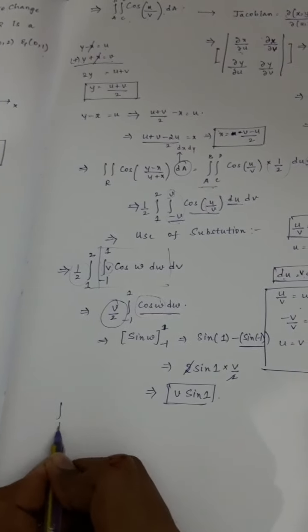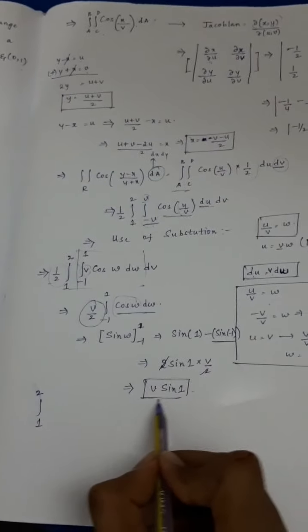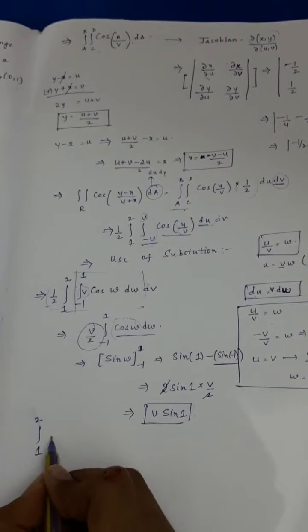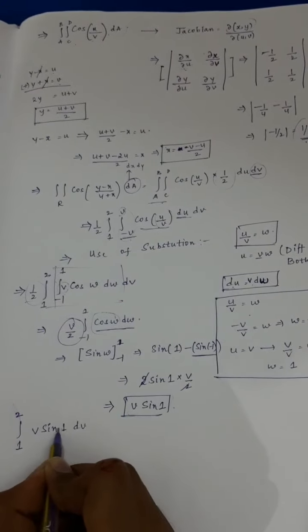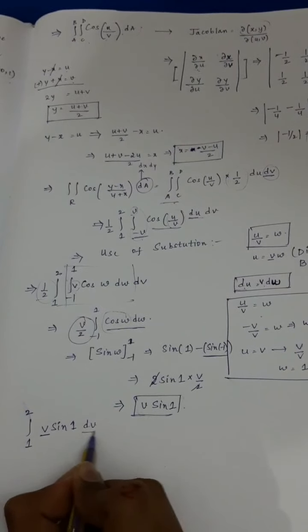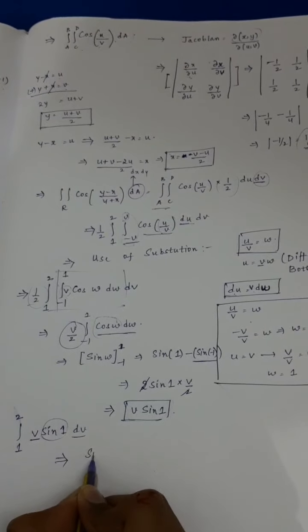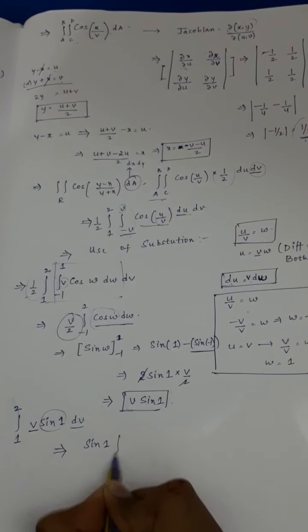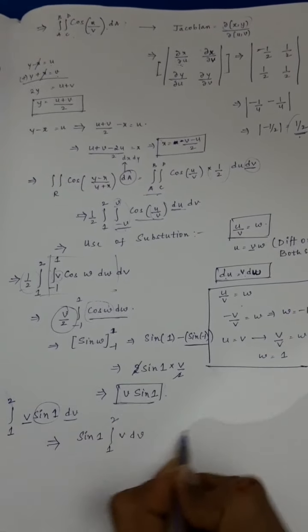Now the outer integral is from 1 to 2. As 1/2 is eliminated here, we are left with v times sin 1 dv. Here v is the only variable and sin 1 is a constant. We can take this out: sin 1 times the integral from 1 to 2 of v dv.